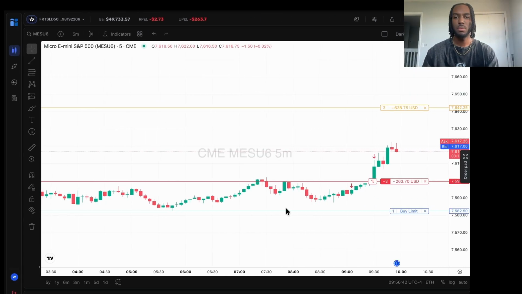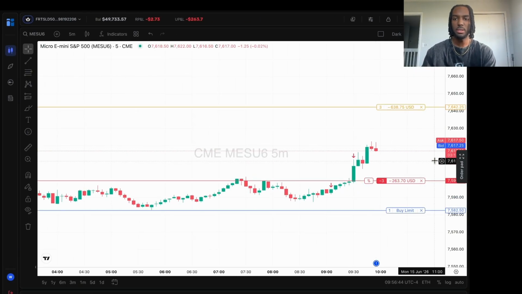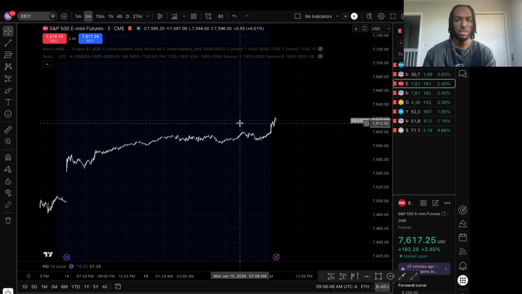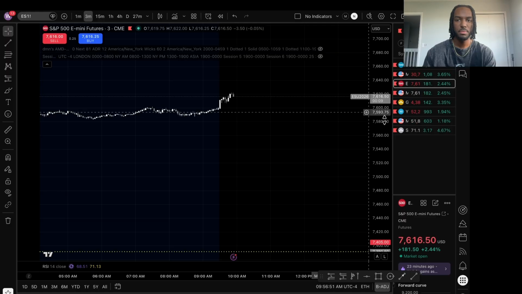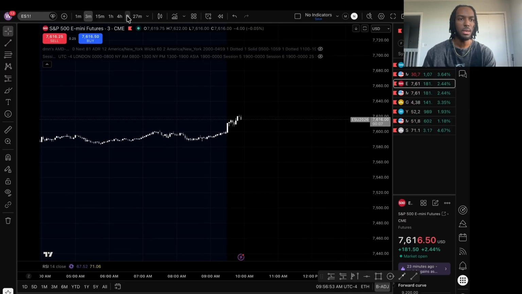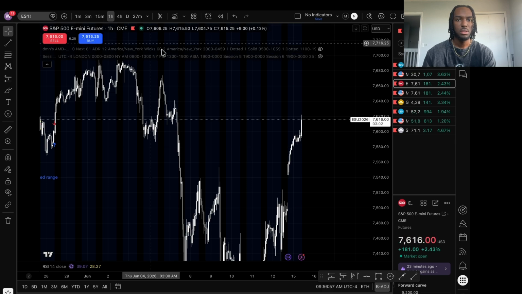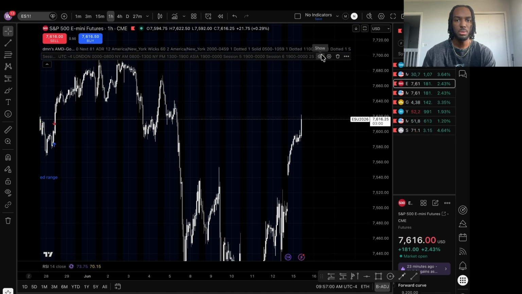So we're not looking too bad right now. It looks like it could reverse here. I want to put back up the other chart, see what's going on.